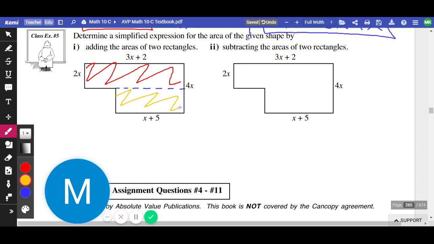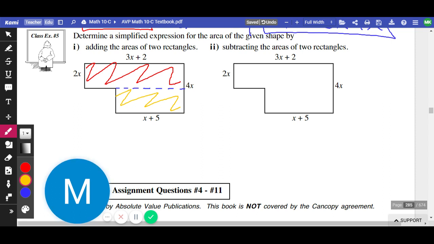And if I wanted to find the area of this entire shape, I could just find the area of the red and add it to the area of the yellow, whatever color. Okay? That makes sense. And those are two simple length times width equations.